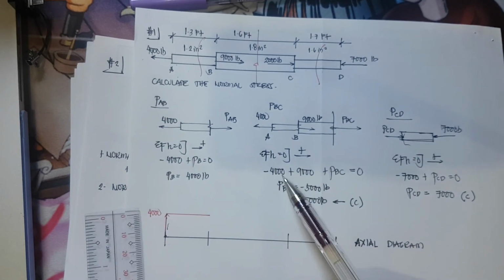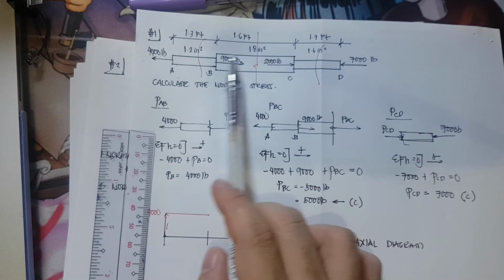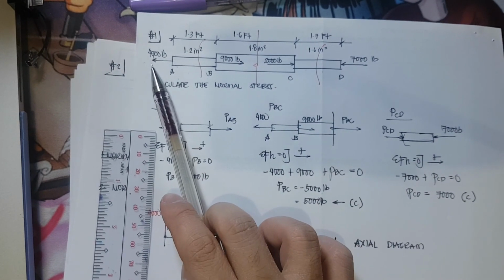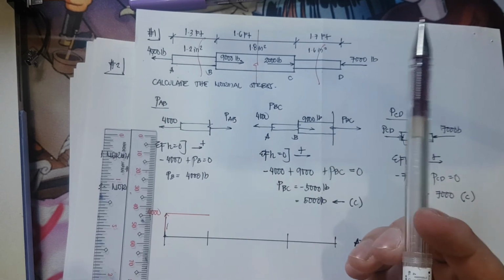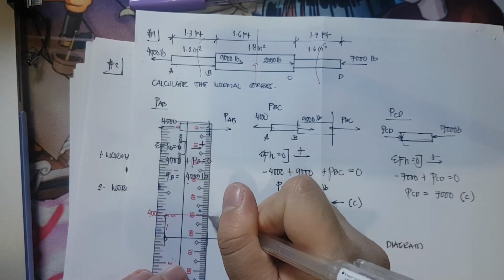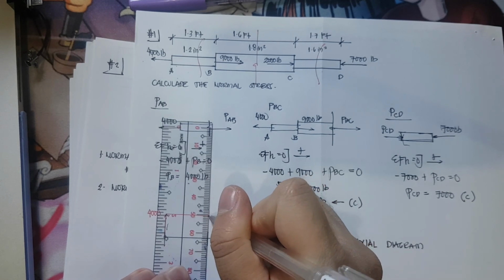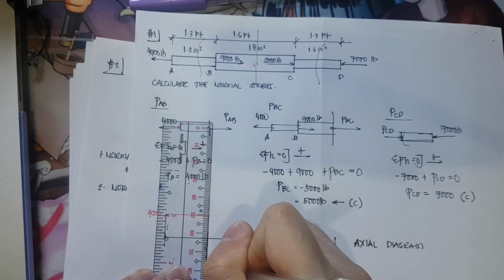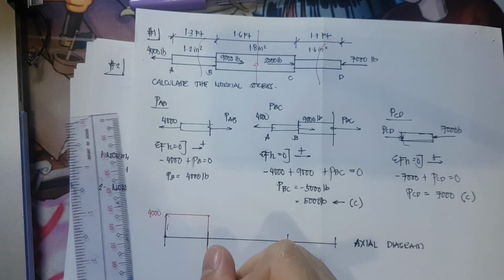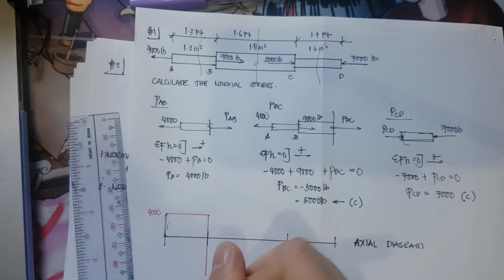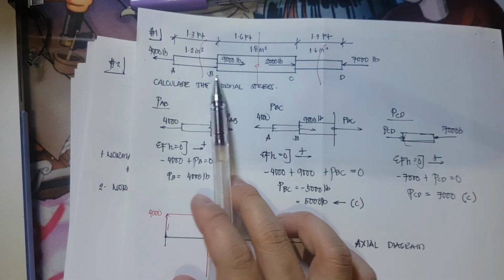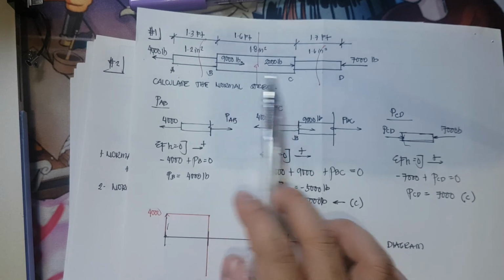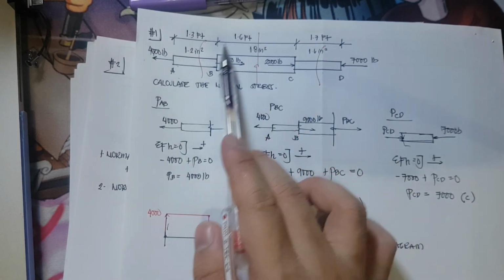Next, we have here 9,000 and the direction of 9,000 is opposite 4,000. Therefore, it is compression. So from there, 4,000 minus 9,000 is negative 5,000. So negative 5,000. And again, from point B to point C, there is no change in loading. We have no load indicated here.